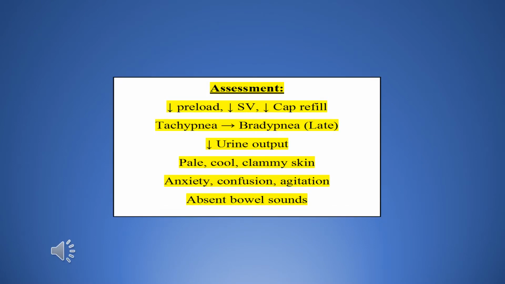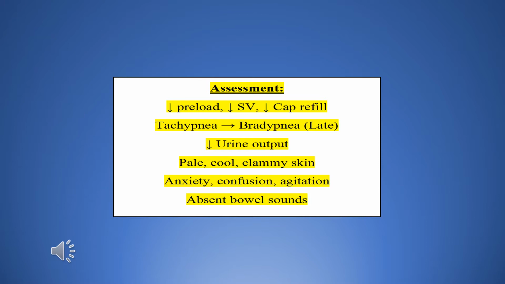The patient's response to acute volume loss depends on a number of factors. This includes extent of the injury, your age, and your general state of health. A patient who loses 15% or more fluid will show signs and symptoms of hypovolemic shock.